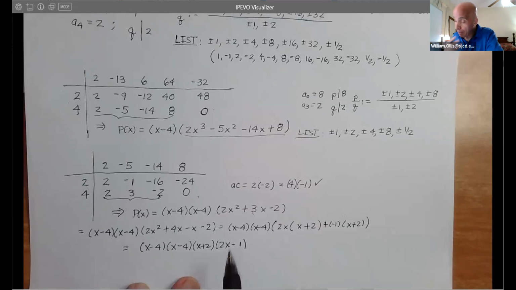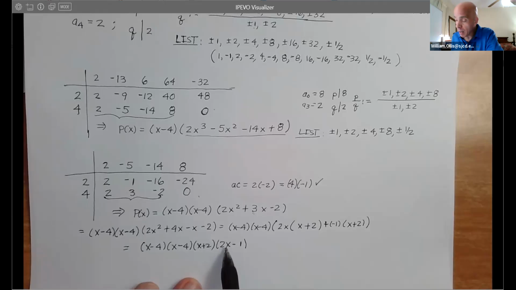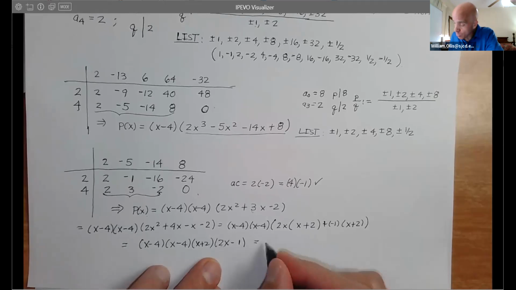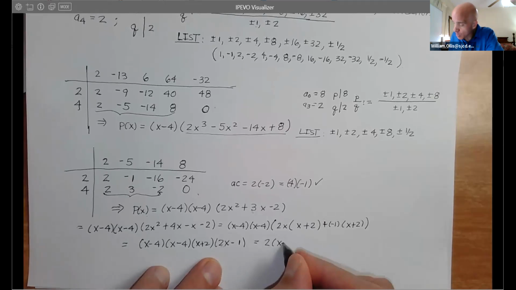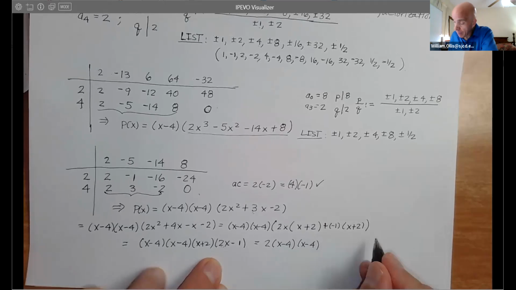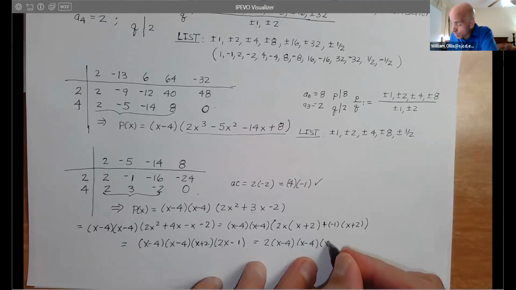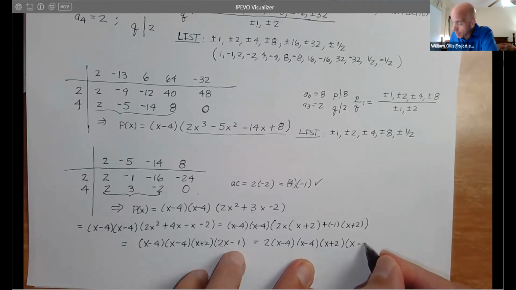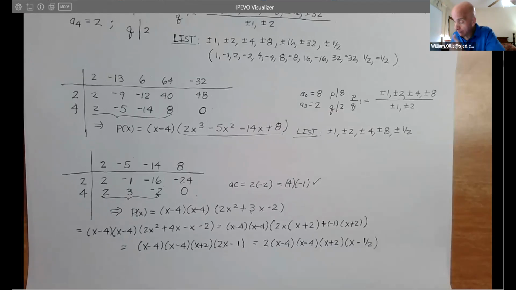So if we look here, we can think, let's just go ahead and expose the 0 by factoring the 2 from this factor. Let's just take the 2 out. So 2, x minus 4, x minus 4, and then x plus 2, and then that'll leave us with an x, and then divide by 2 minus a 1/2.